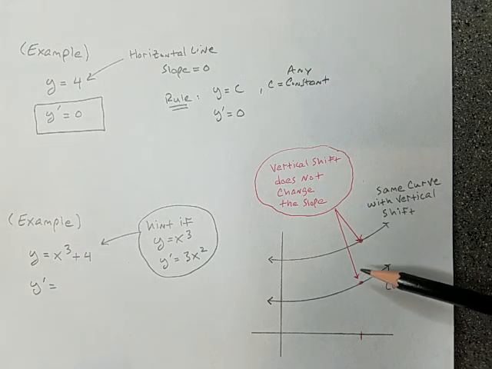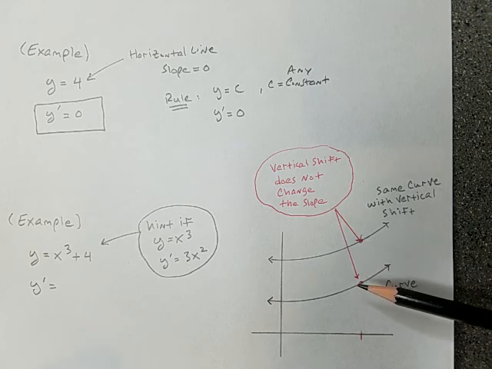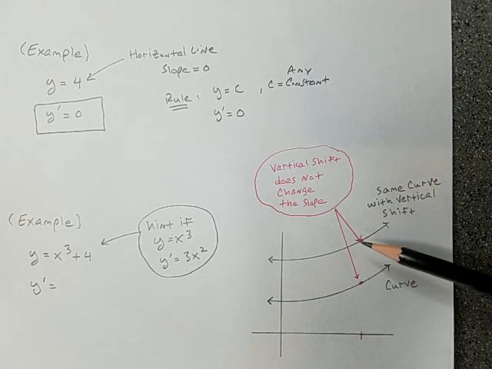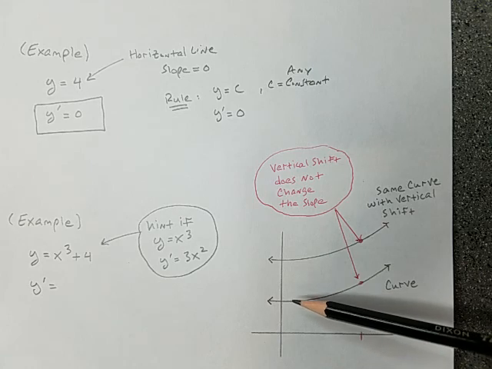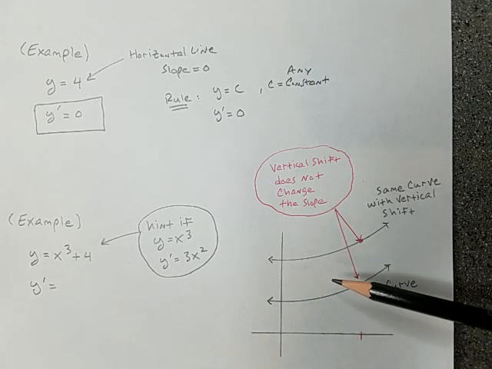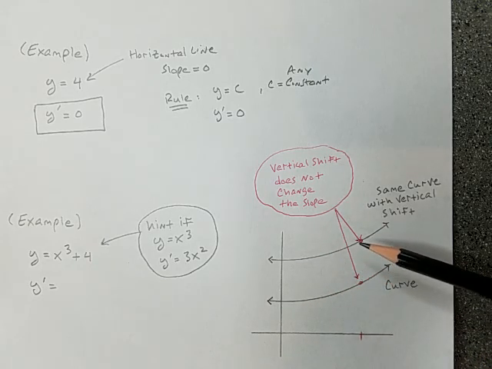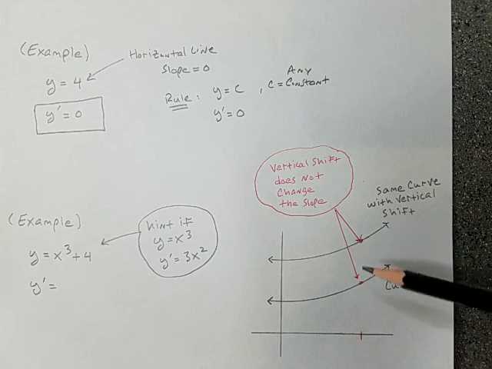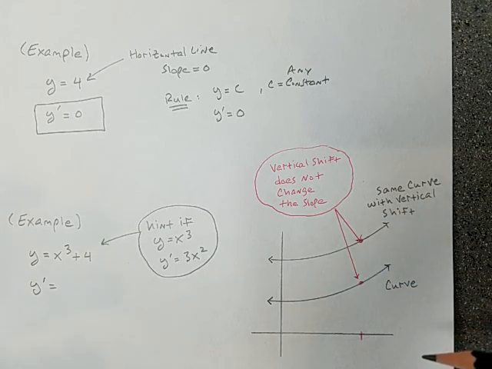It looks same steepness, same slant, same inclination, same slope. And look at this point and the one above it, same slope. If you took a curve and you shifted it vertically, it's not going to make the curve more or less steep at any of the related points. It's just not going to change it, all right? Hopefully you can see that from my picture and you become 100% convinced.